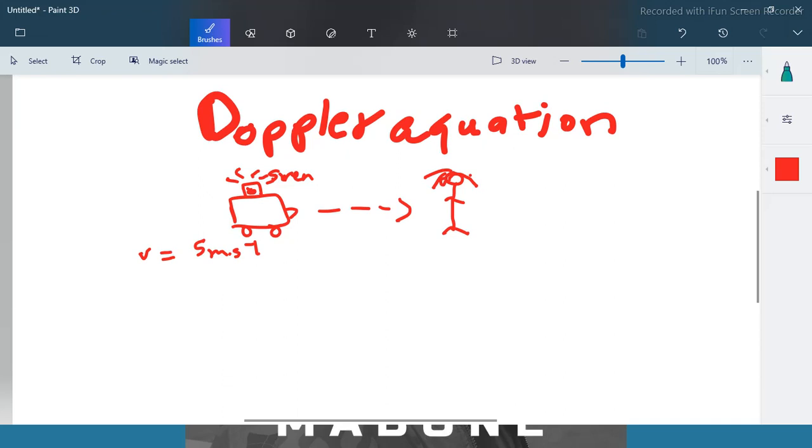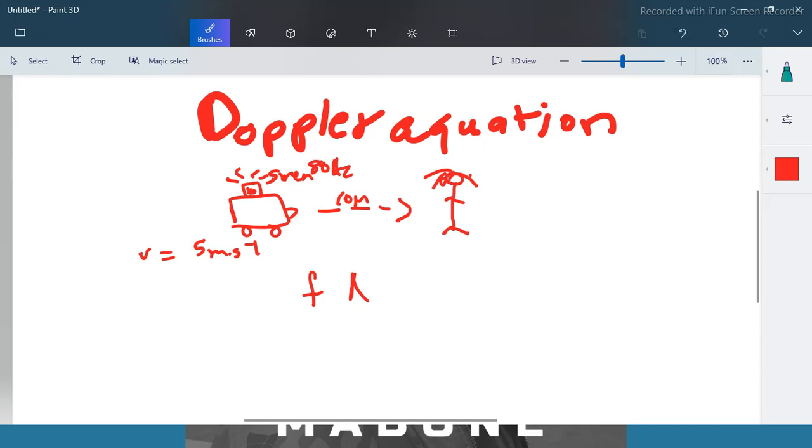We know that frequency and wavelength have a relationship. Let's just say the distance is 10 meters, and let's say the frequency is 80 Hz. What is the relationship between the frequency and the lambda?